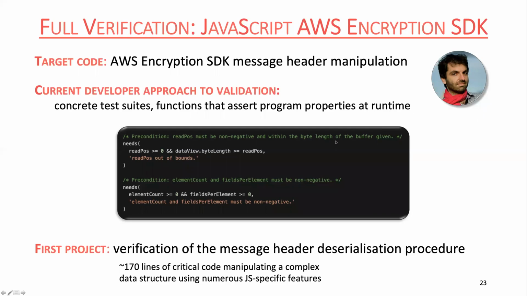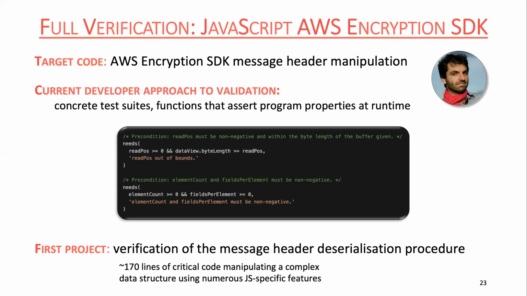The current way that there's some validation going on is that there's a developer inside Amazon that we've talked to a lot who does this sort of thing. Inside the code, he says the element count and the fields per element must be non-negative. This gets checked at runtime to check that this is okay. And it is a first order formula.